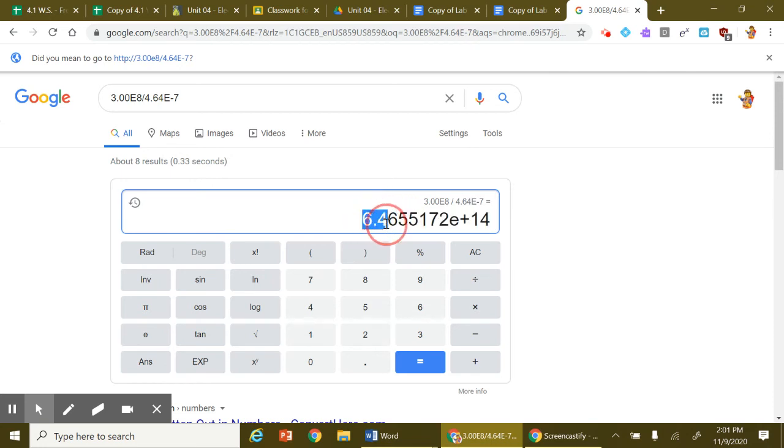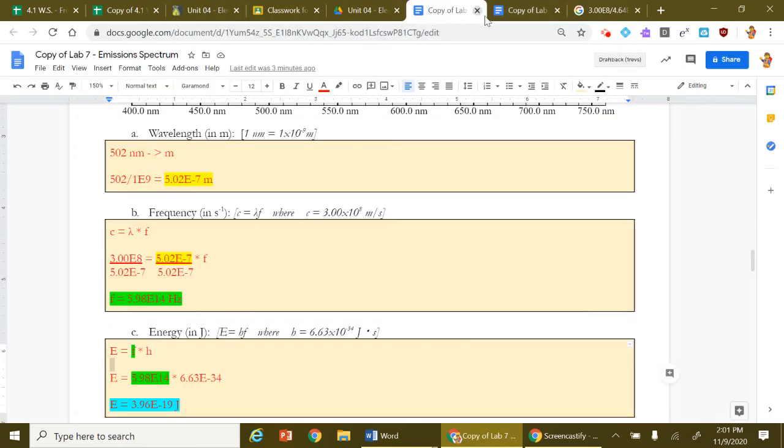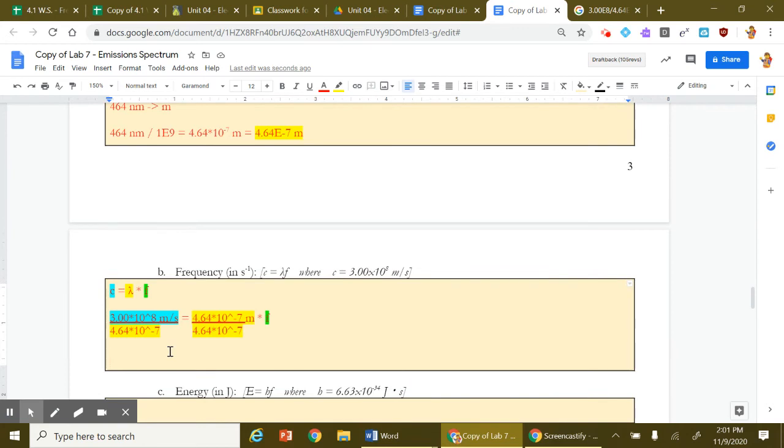And so I get 6.465, so that would round up to 6.47 times 10 to the 14th hertz. All right, 6.47. The frequency equals 6.47 times 10 to the 14th hertz.